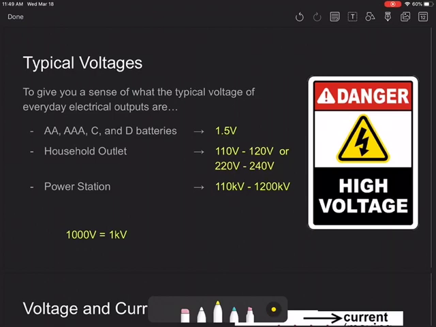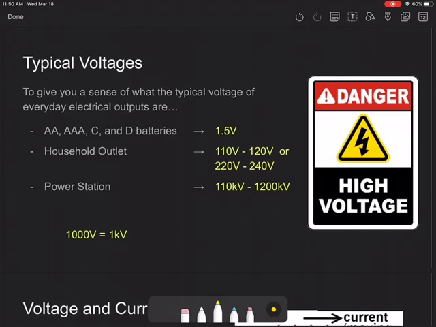So if we're looking at typical voltages of your everyday household batteries, so AA, AAA, C, and D batteries, they typically have a voltage of about 1.5. So relatively low. If you touch a battery at both ends, you're not feeling any sort of shock, or if you do, it's very, very minor. Whereas if you have a household outlet, where you plug your device into the wall, typically it's 110 volts to 120 volts, and that's typically what you would see in Canada and the States.